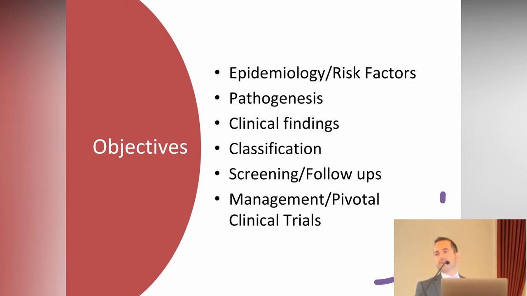Then we'll follow up with some screening guidelines and follow-up guidelines based on the most recent preferred practice patterns. And then we'll touch on some management options that we have to offer our patients with diabetes. And along the way, I'll talk about some of the important pivotal clinical trials that our practice has been involved with.